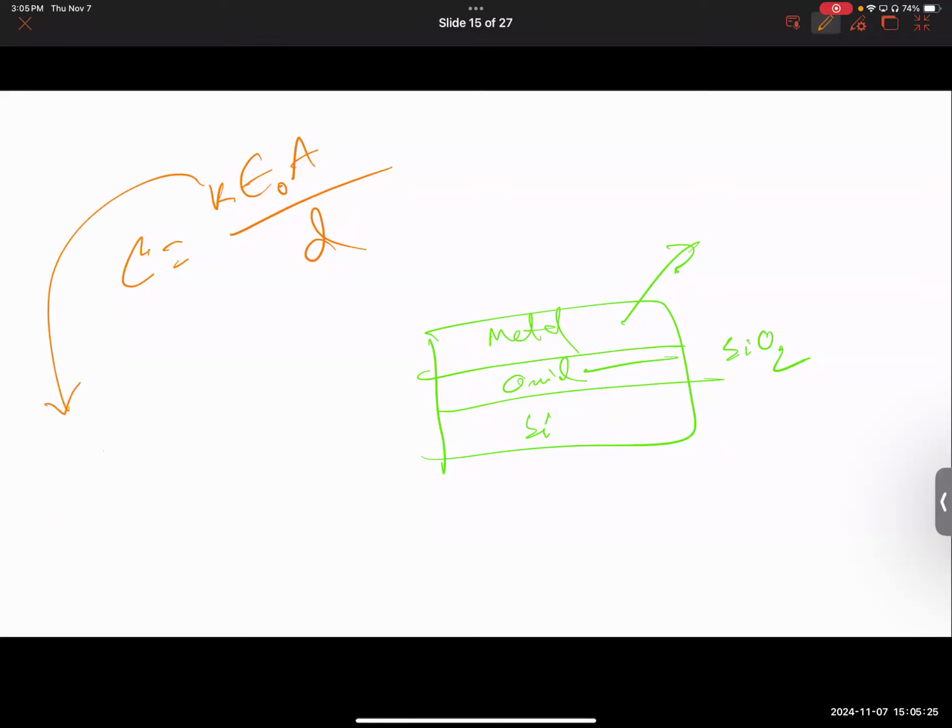For hafnium oxide, it's about 24. So can I say that hafnium oxide is a higher K oxide, an oxide with higher K? So the name stuck. People started calling it high K oxide. So that's why HK.